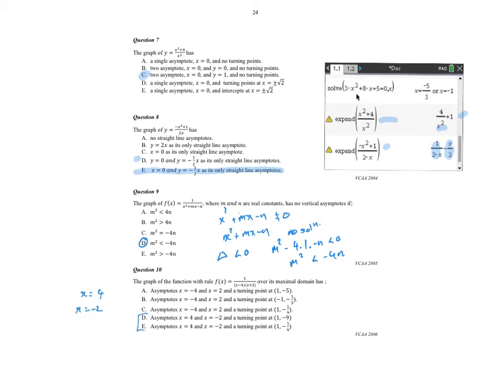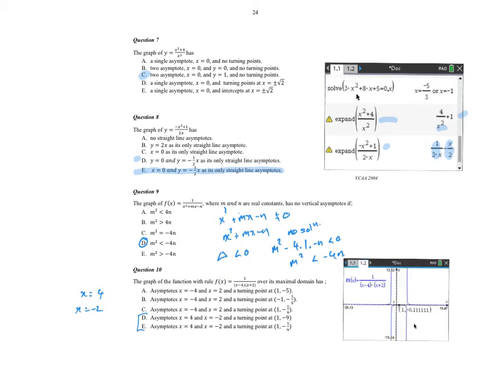Let's get the graph and have a look for a turning point. You can see from the graph where the asymptotes should be at negative 2 and positive 4, and a turning point at 1.1111. So you just have to work out, is that 1/9 or negative 9? It's clearly 1/9. So we get E as a response there.